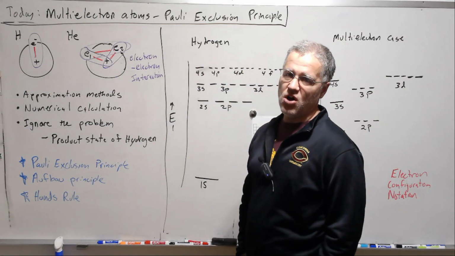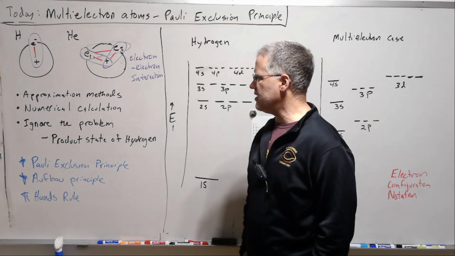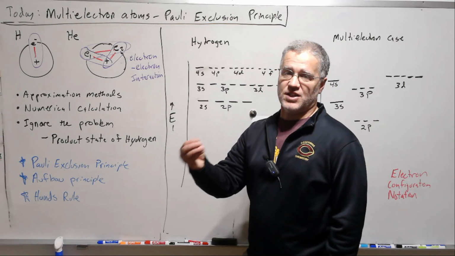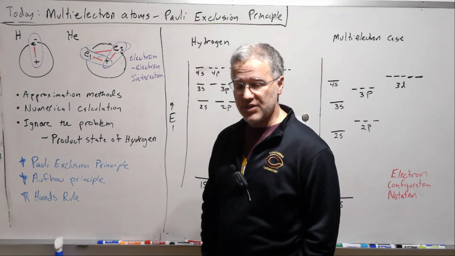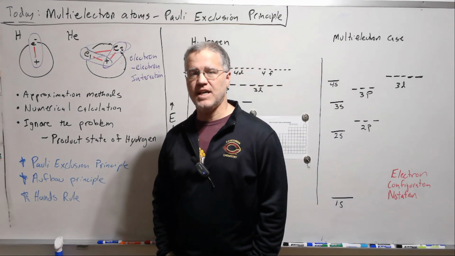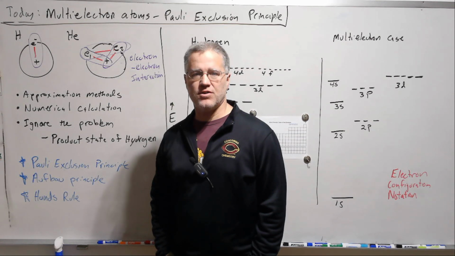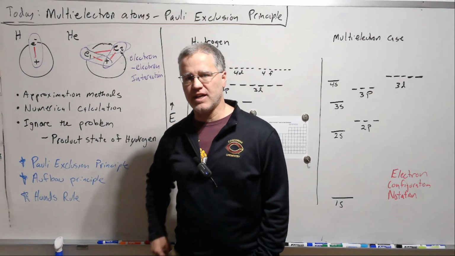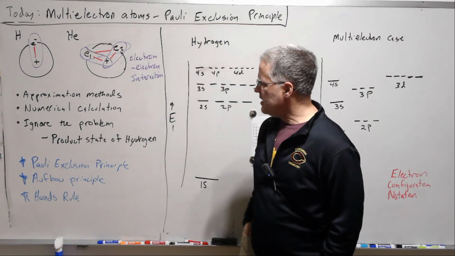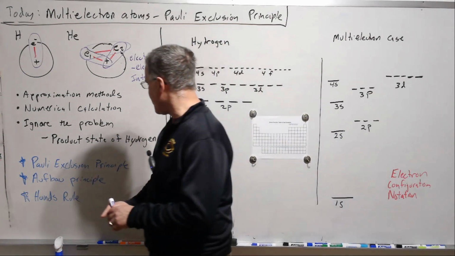So it isn't small, so we can't ignore it for that reason. In a sense, we just ignore it, try it, and see what happens. So it turns out that we will still get a very, very good qualitative picture of other atoms. And in fact, professional organic chemists, professional inorganic chemists use this all the time. And what we get is something called a product state of hydrogen.